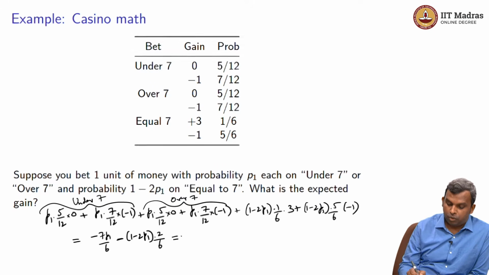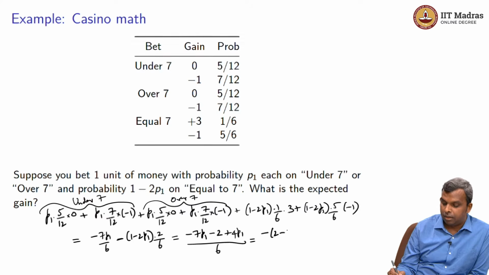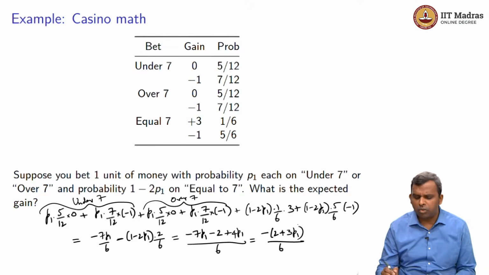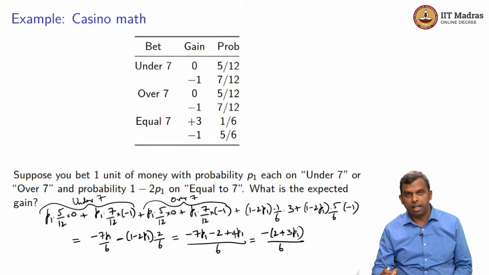If you add this up, the news is quite bad. You're going to get minus 7 P1 minus 2 plus 4 P1 by 6. You can simplify it. You're going to get minus 2 plus 3 P1, sorry, by 6. So whatever you choose your P1 to be, you're going to get a negative expected gain.